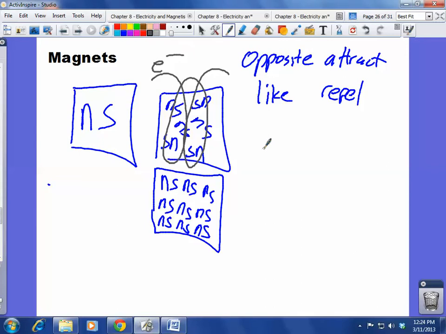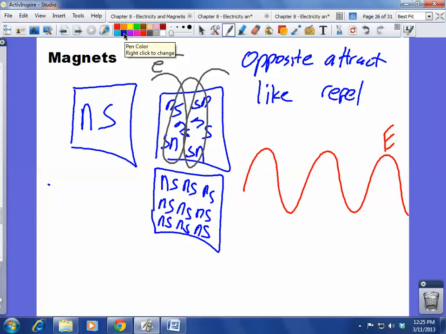Is that right? Because every electric field, an electric wave, has a corresponding magnetic component.